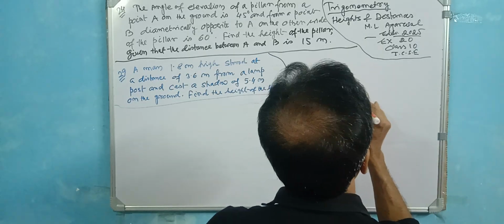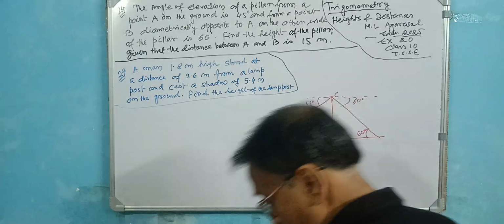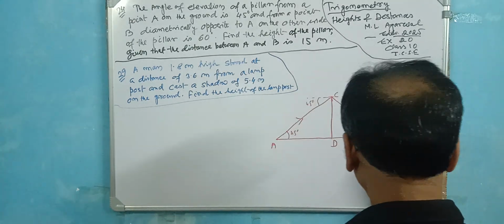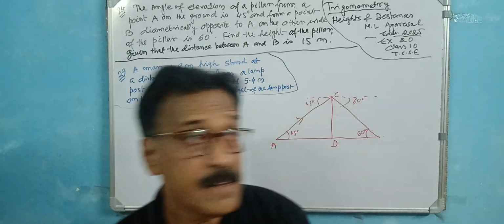That means this is the alternate angle, this 60, this 60. Okay, so this is B.